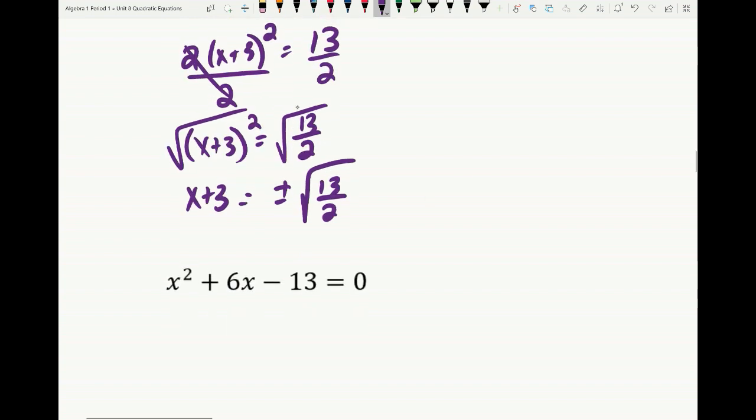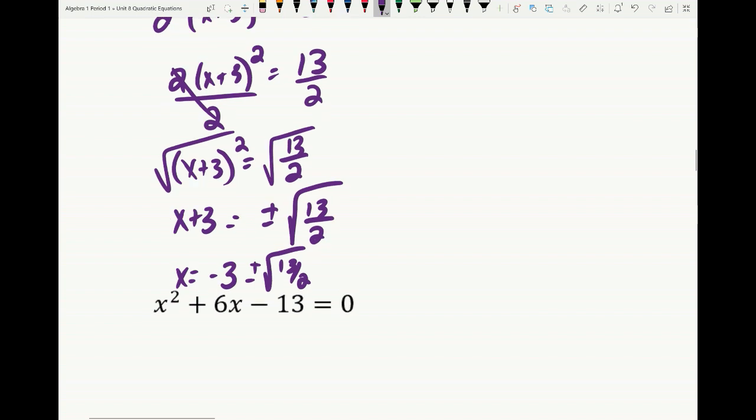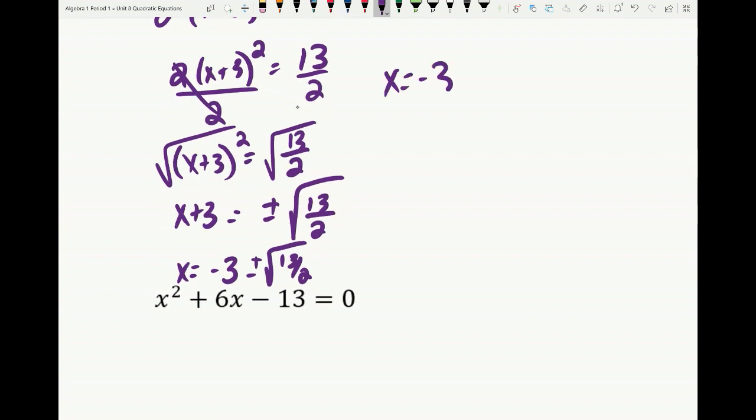And then finally, x equals negative 3 plus or minus the square root of 13 over 2. Those are my solutions. I'm going to write it over here so it's bigger: x equals negative 3 plus or minus the square root of 13 over 2.